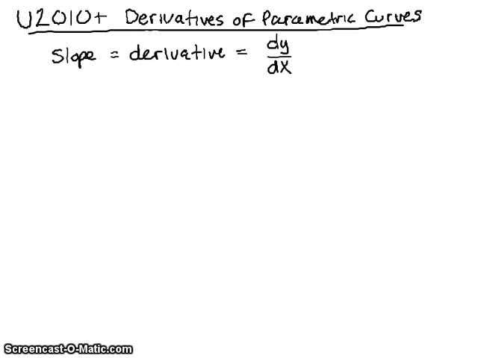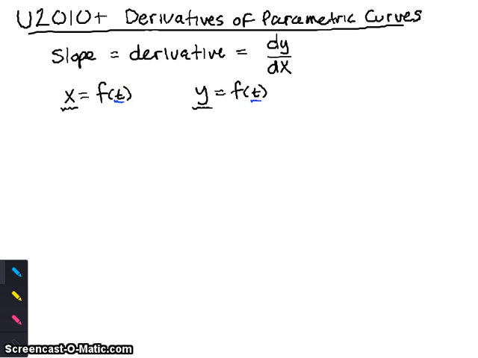So if we have a parametric curve that is x equals some function of t and y equals some function of t, we know that x and y are what I'm taking the derivative of, and t is the variable that I'm taking the derivative with respect to.